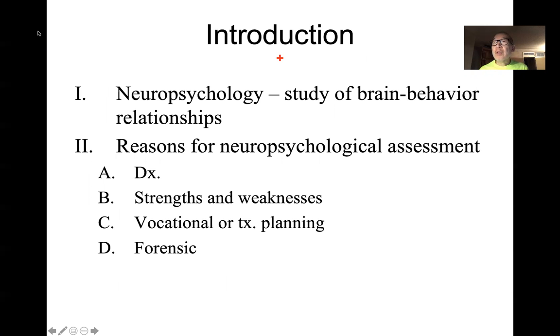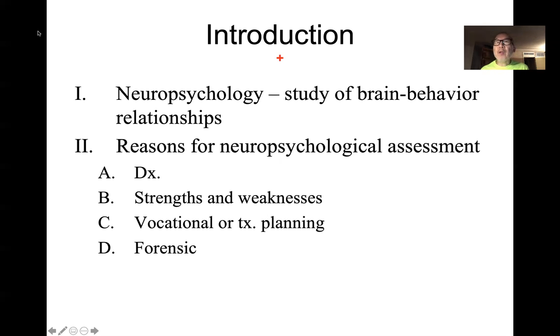Neuropsychology, as you probably heard before and can probably infer, is the study of brain-behavior relationships. Basically, neuropsychology looks at the relationship of different brain functions and brain regions, how they interact, and how a particular region or function and their interaction manifest themselves in terms of behavior, particularly test behavior.